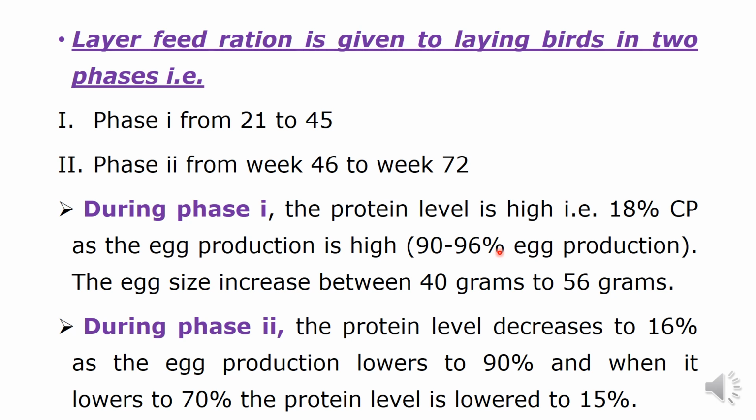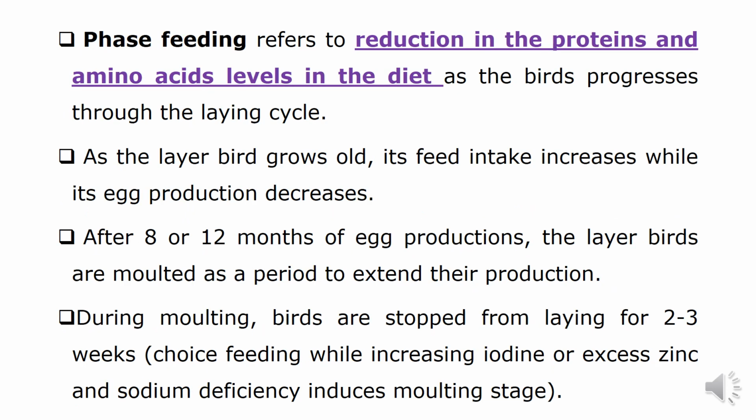Then once the egg production decreases still lower, below 70, we also lower the CP to 15%. It's like as the bird is growing old, the feed intake increases, but the egg production lowers. To minimize cost, we also have to reduce the amount of proteins and acids provided.